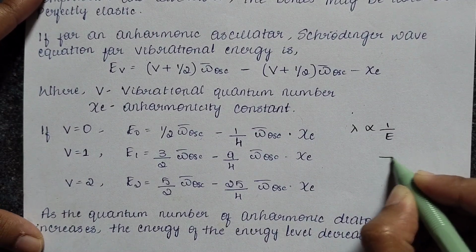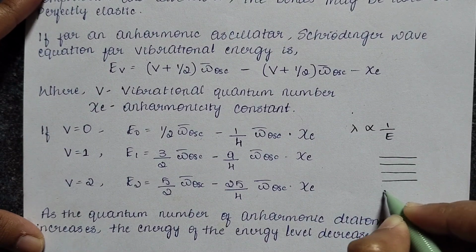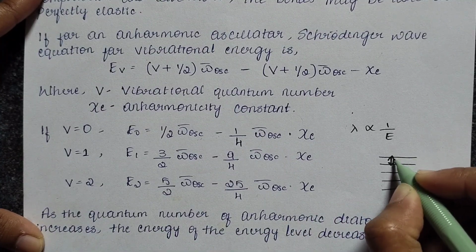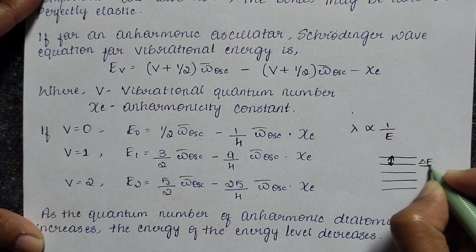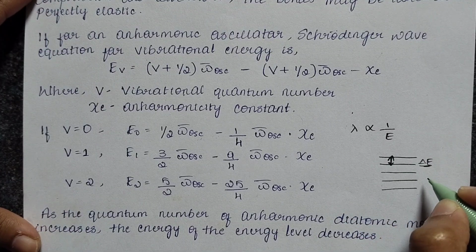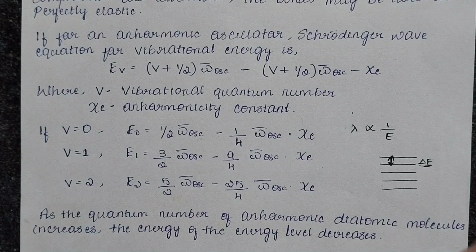We know there are different energy levels associated with the molecule. So as the quantum number increases, the distance between them, that is delta E, will automatically decrease. The complete detailed explanation regarding this concept will be seen in further sessions.